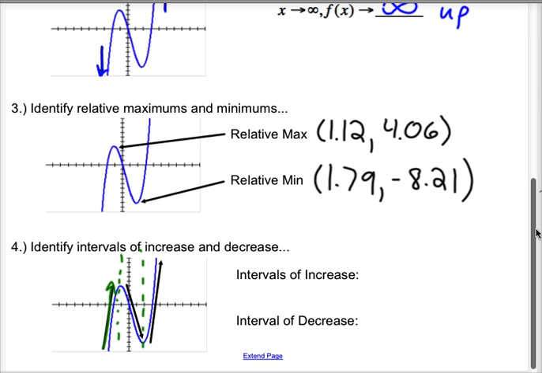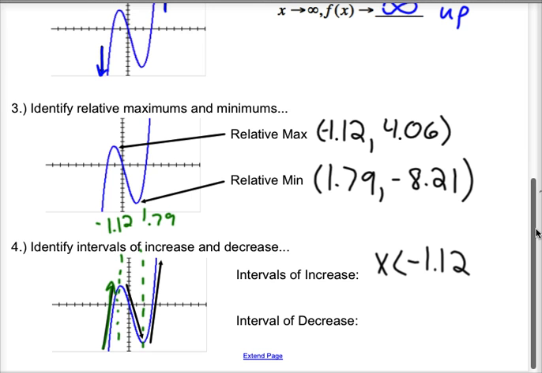Here, that maximum was at an x of 1.12. Oh, I'm sorry, that would have been a negative. And then my minimum was at 1.79. We're looking at the x values. So that first rise is when x is less than negative 1.12.